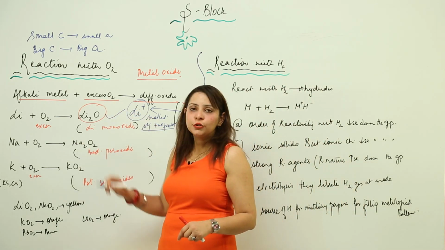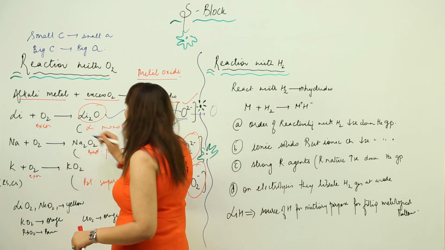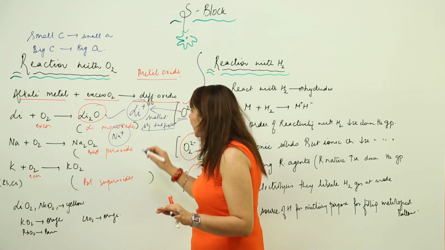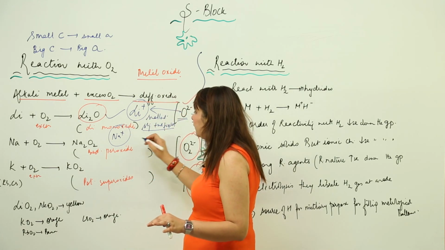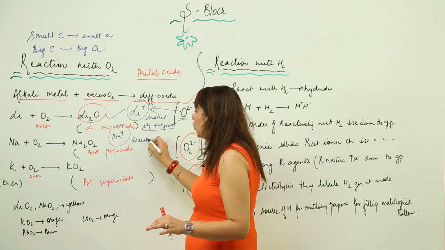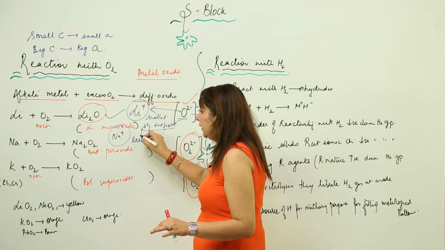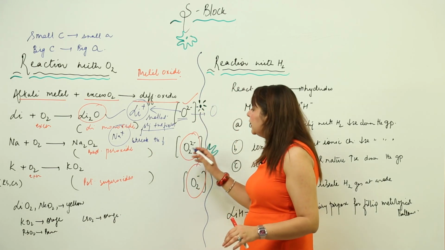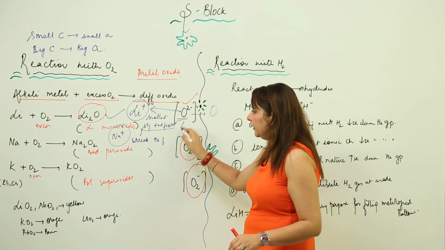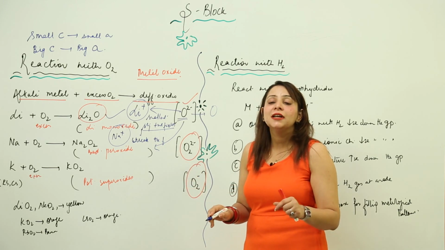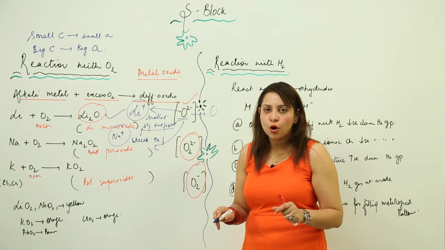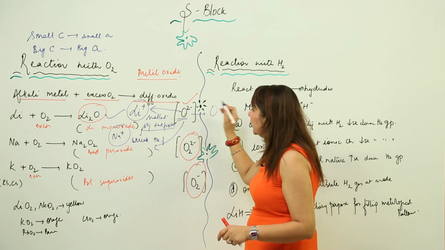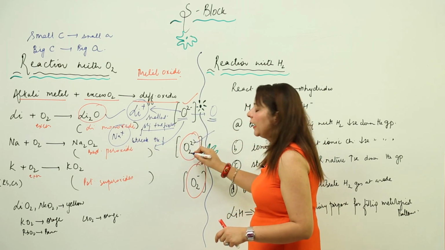Now coming to sodium. Compared to lithium, we know that Na positive has a comparatively big size. So if we compare its positive field, it has a weak positive field as compared to lithium. It can attract the oxide ion, but the bond is not so strong. So when it is bound to sodium, it further reacts with one more oxygen, that is, it reacts to form a peroxide ion.